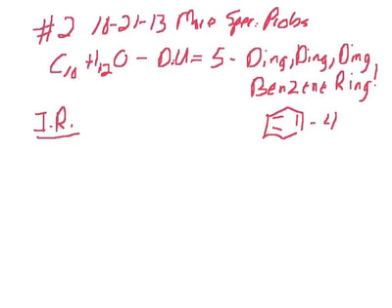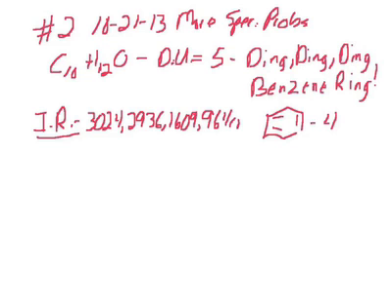What does the IR tell us? So the IR stretches we have are 3024. We got one at 2936. Another one at 1609. Another one at 964. So what do we get from the IR?